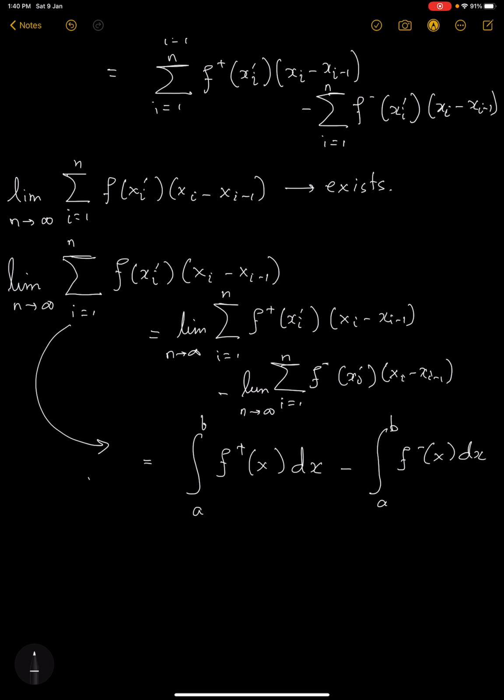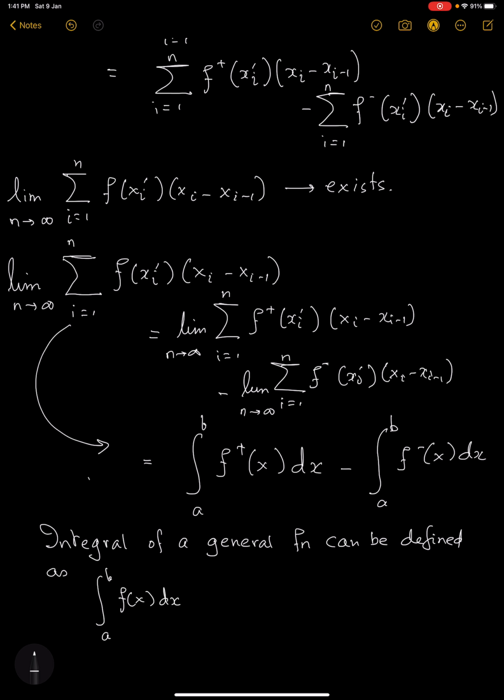So now we can say that the integral of a general function f can be defined as follows: the integral from a to b of f(x) dx is the integral from a to b of f plus x dx minus the integral from a to b of f minus x dx.